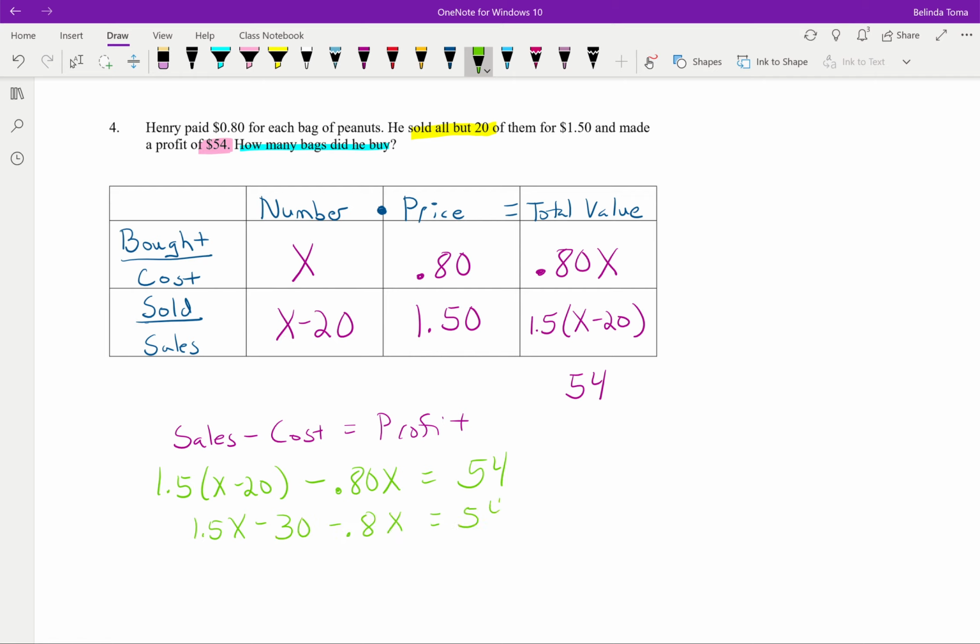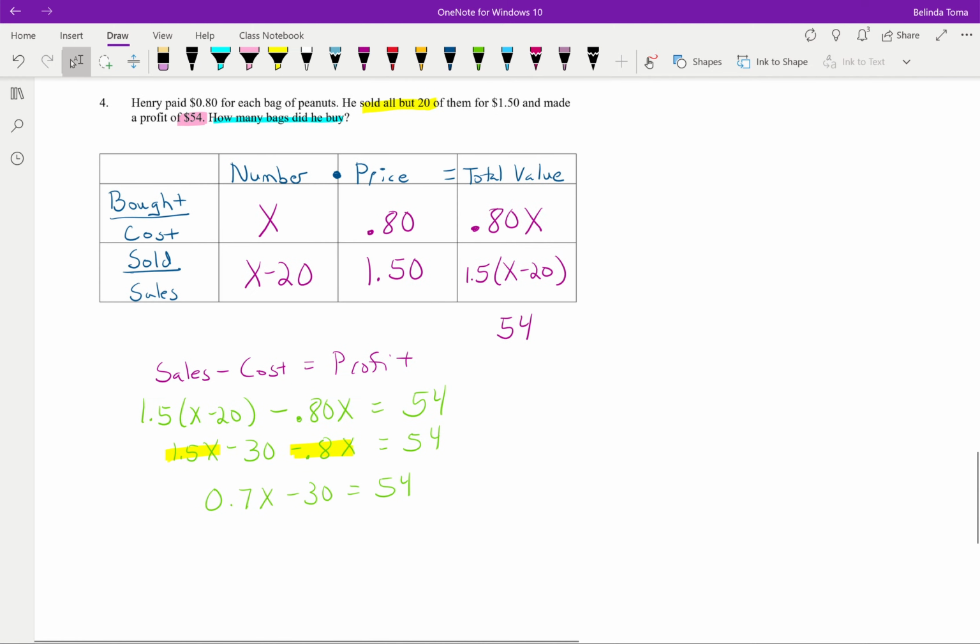I'm going to collect my like terms, so we're going to collect the 1.5 minus the 0.8, and that's going to give us 0.7x minus 30 equals 54, and I'm going to add the 30 to the other side, and that gives us 0.7x is equal to 84, and when I divide both sides by 0.7, I'm going to get that x is equal to 120.